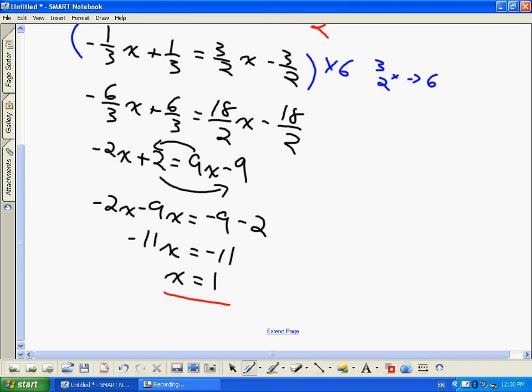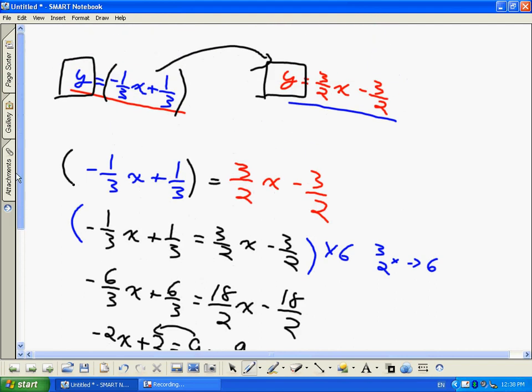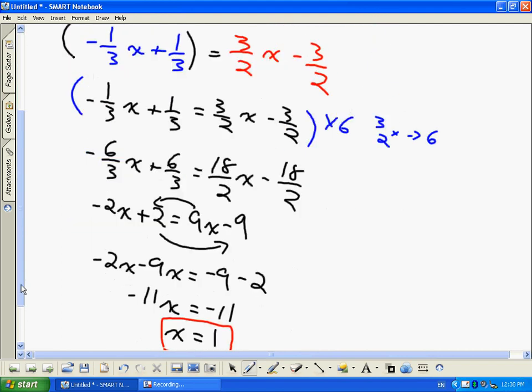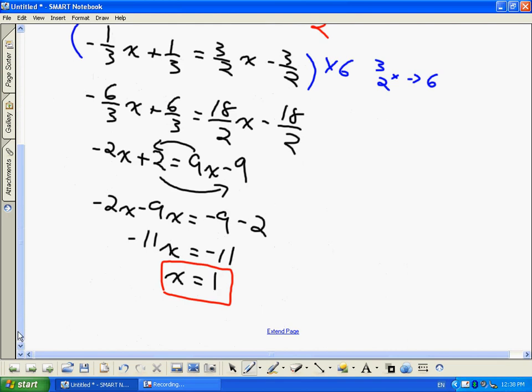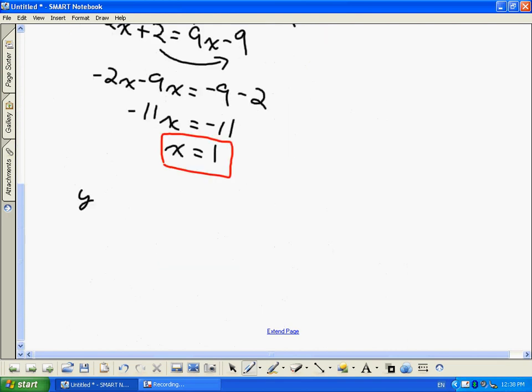I'm going to use substitution again, back into one of our other equations from above. In fact, what we'll do is take y equals negative 1/3 x plus 1/3, and substitute in. I'm going to substitute this value in for x to solve for y.